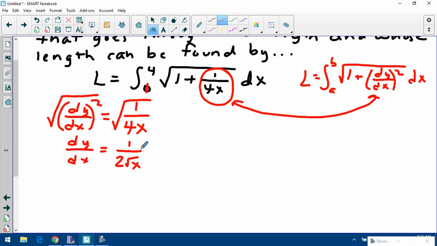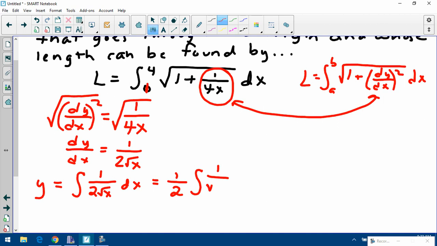If I want to get y, what do I have to do? Right, I have to take the antiderivative or take the integral. So really I'm taking the integral of 1 over 2 radical x dx, which is the same as pulling a 1/2 out times the integral of 1 over radical x dx. And if you're going to do that, we would want to rewrite this as a power.